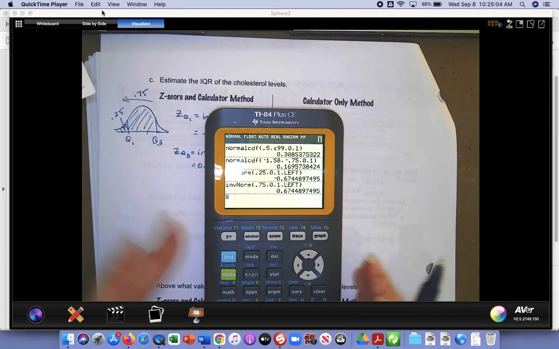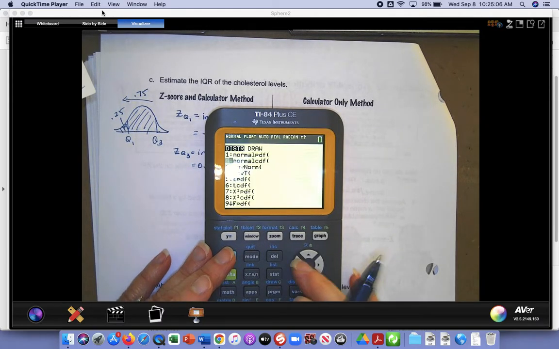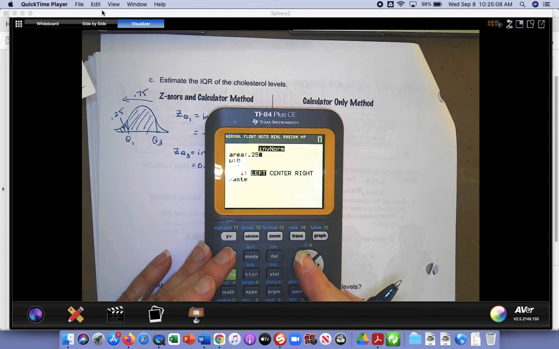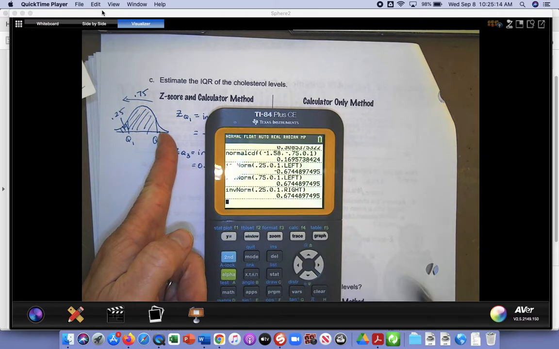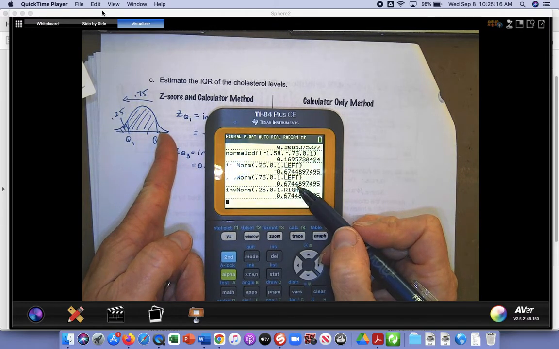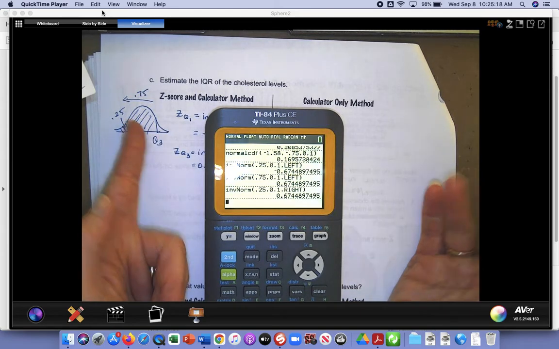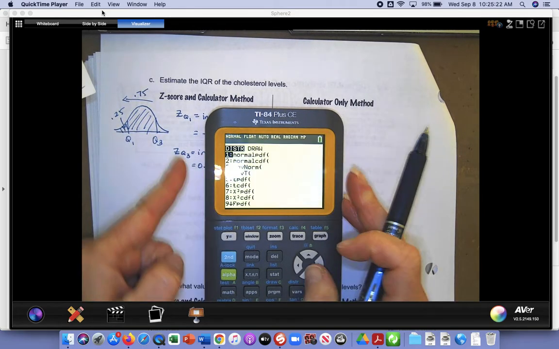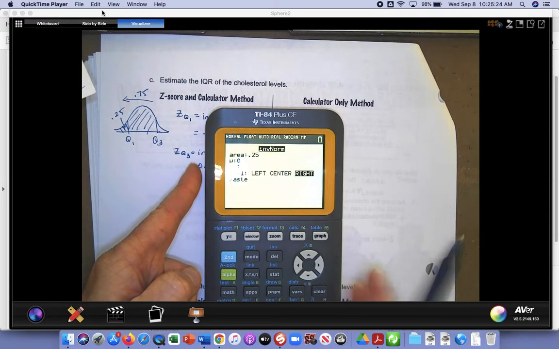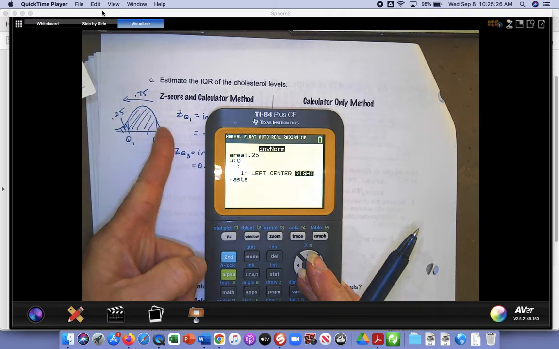Just as an FYI, if you wanted to do 0.25 and I did the area to the right, remember Q3 would have 0.25 to the right. So I would get that Q3 z-score. You can do that. Again, if you're going to switch it up on me, tell me that you switched it up. If you use the center option, then you need to give the area in the center.